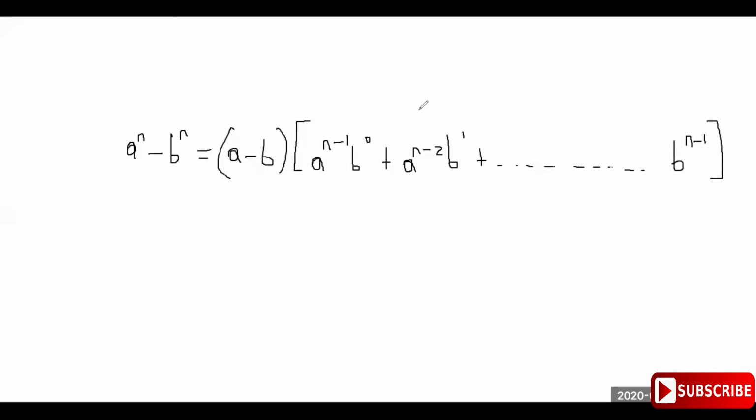All right? So that's the simple formula that we have to remember. That formula is a to the n minus b to the n is given by this formula. And the question that they ask us for is a to the 5th power minus b to the 5th power.